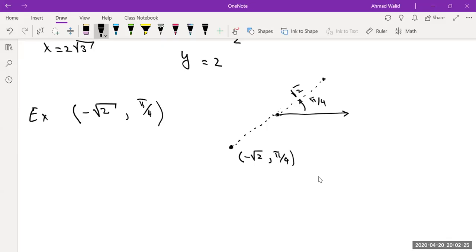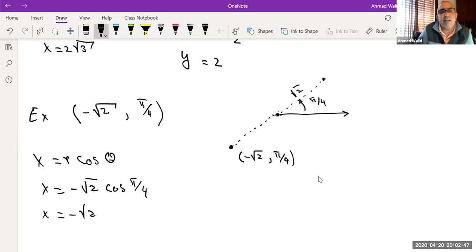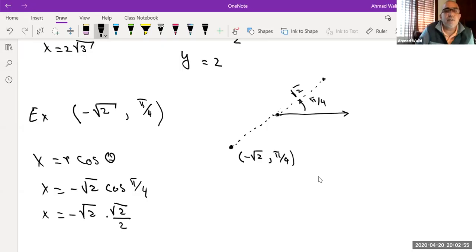Now, I want to convert this one to Cartesian. Then x equals r cosine theta. It means x equals negative radical 2 times cosine of pi over 4. Radical 2 over 2. Which gives you x equals negative 2 over 2, which gives you what? Negative 1.